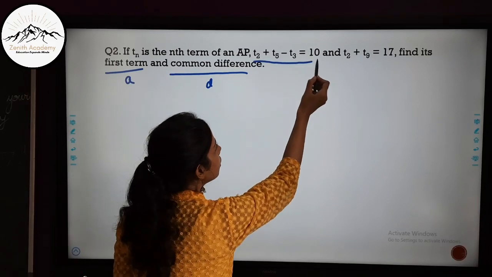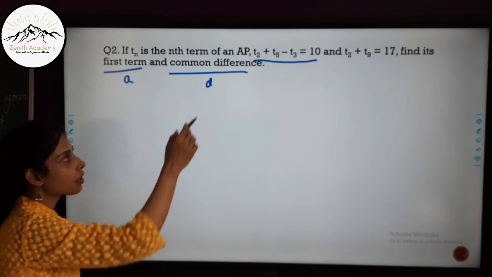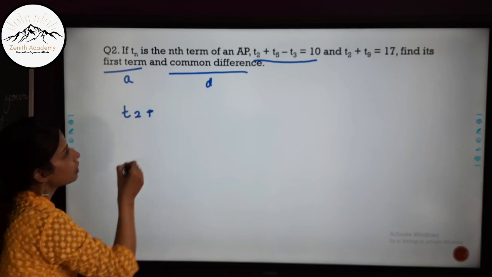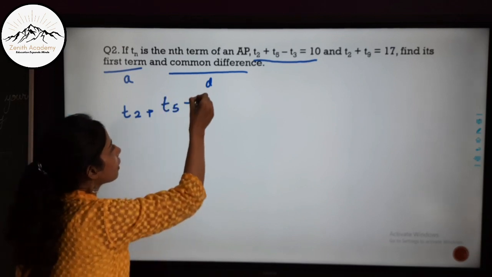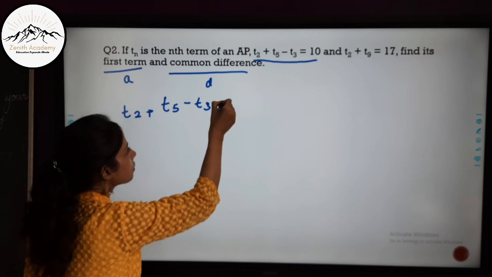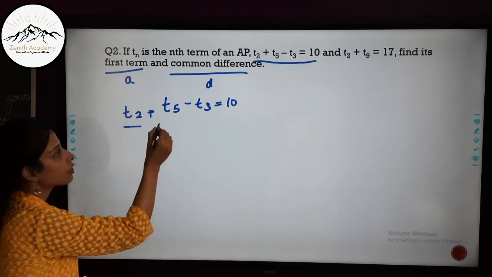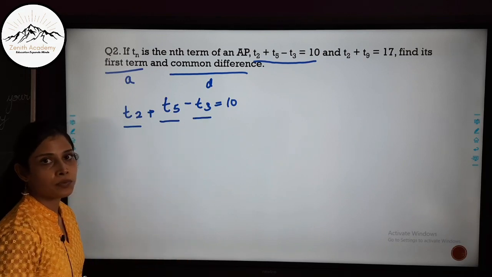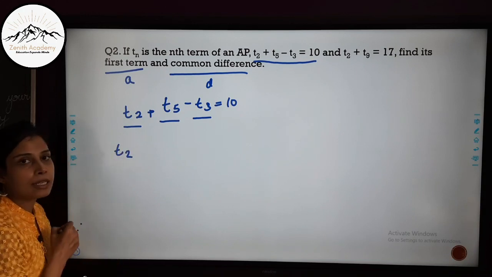Our equation is given in terms of T. So we can convert it in terms of A and D. Let's see how. Our first equation is T2 plus T5 minus T3 is equals to 10. Now this is the second term, this means the fifth term, and this means our third term. How can we write the second term in terms of A and D?